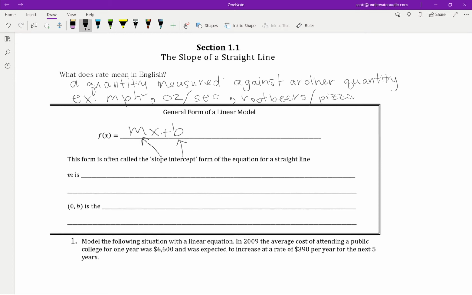Like I said, m is slope or steepness, but it's also a rate, the rate of change. And b is the starting point or the y-intercept.